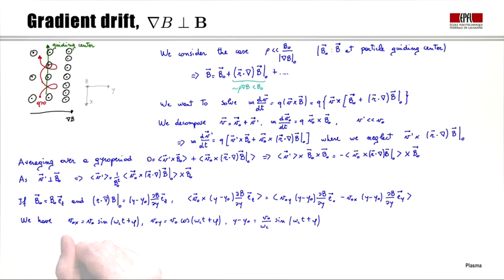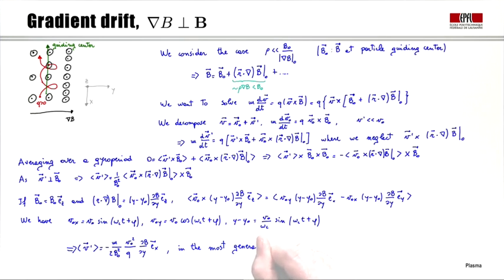If you do all the calculation, what you get is that this gyro-averaged V prime will be equal to m, the mass of the particle, divided by 2 B0 squared, times V0 of the particle, divided by the charge, dB/dy, ex. This is the result in this specific case, in this geometry.